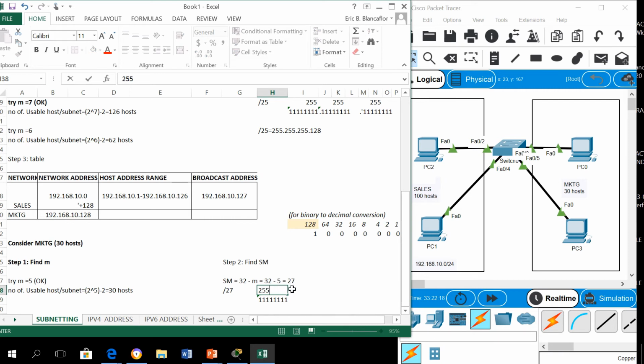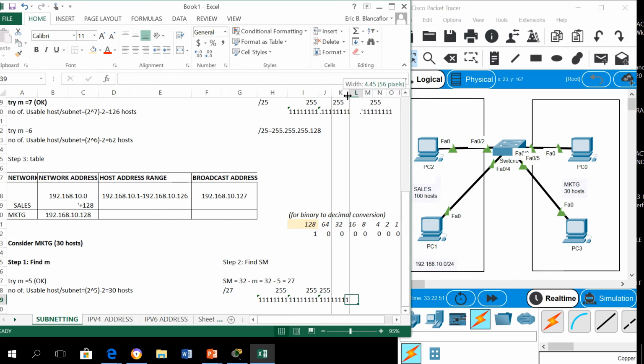Another eight ones is another 255. That's already 24 ones.